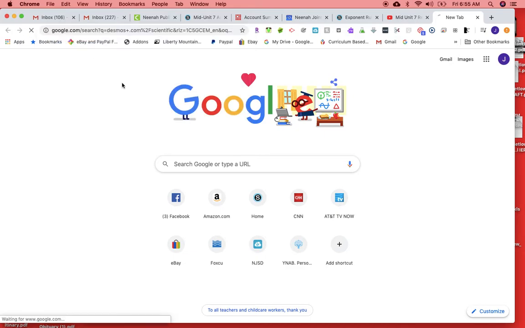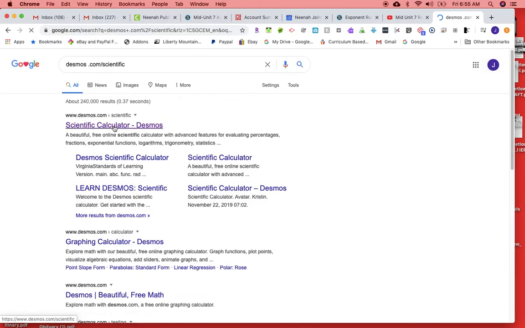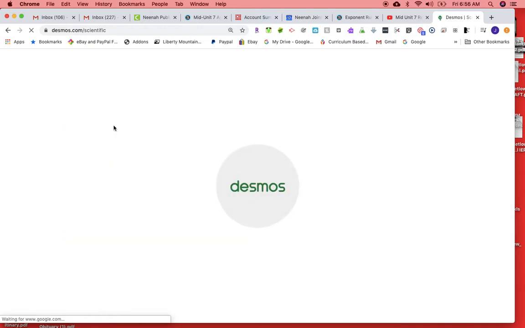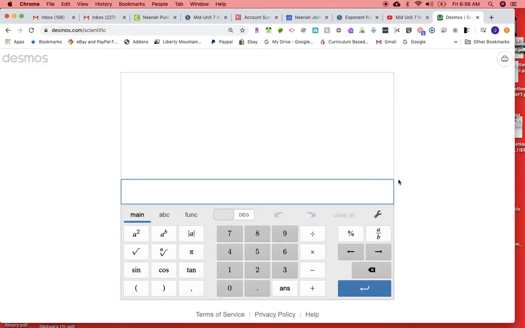It's your scientific calculator that will do everything that you need. It has a fraction button, it has the exponent button. So it's everything that you possibly would need to help solve some of the math problems today.